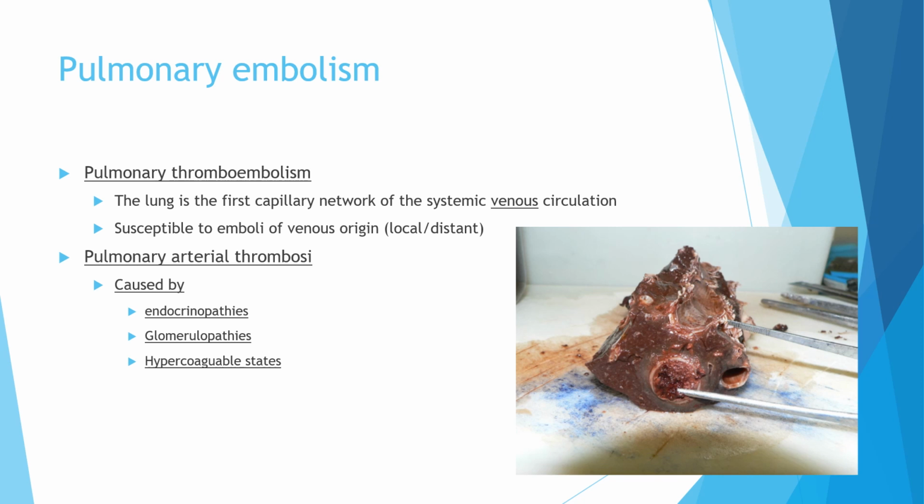So I'd suggest you take a few seconds and just look at the image at the bottom right of the screen, and think about exactly, first of all, the organ that we're in and what pathology you think there might be there. You can pause the video and see how far you get, but otherwise I'm going to carry on with it. So this is basically what we would term pulmonary embolism and thrombosis.